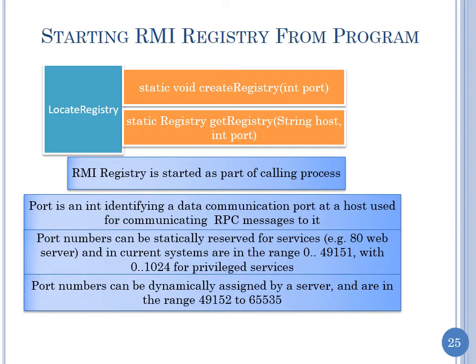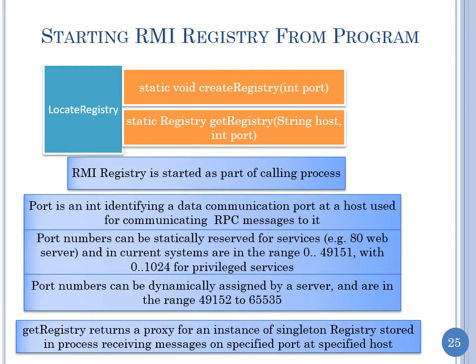Okay, it doesn't use the same mechanism as is provided for user level servers. Okay, so getRegistry returns a proxy for an instance of a singleton registry. So registry has a singleton in each process that is stored in the process receiving messages on the specified port and host in the createRegistry call.